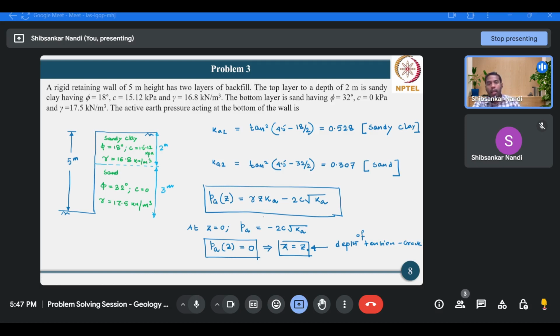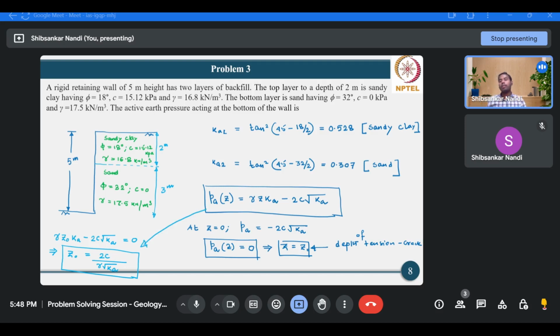If we equate Pa(z) to 0, we get gamma z0 k minus 2c root k equals 0. That means z0 will be 2c upon gamma multiplied by root k. This is the value for tension crack depth.